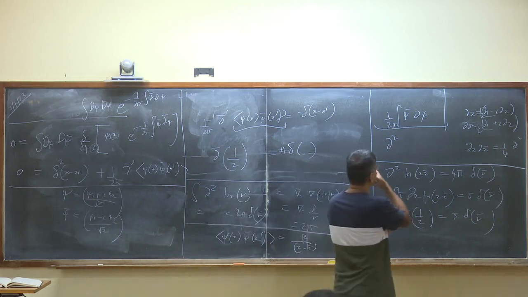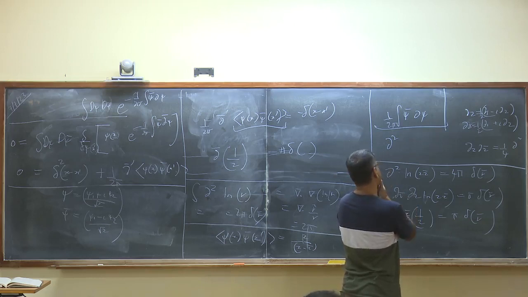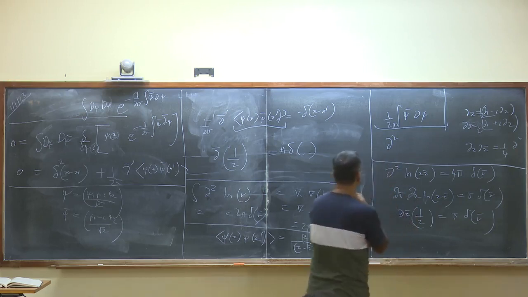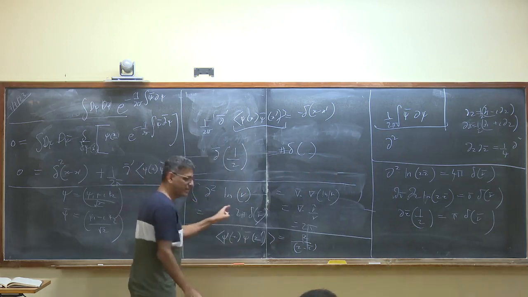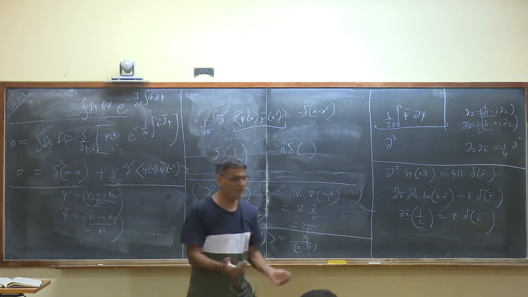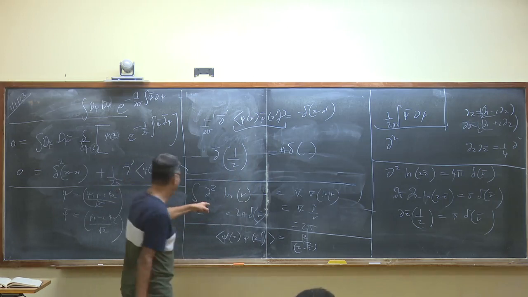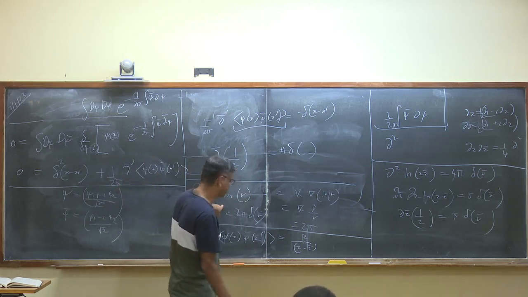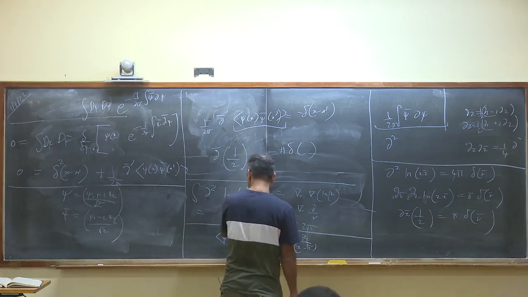You should write this as del z bar del z plus del z bar, so one of them will not have log z. I feel I could write it any way I want. Just a minute, I've messed up somewhere. This was 2 pi delta. I think this is correct.